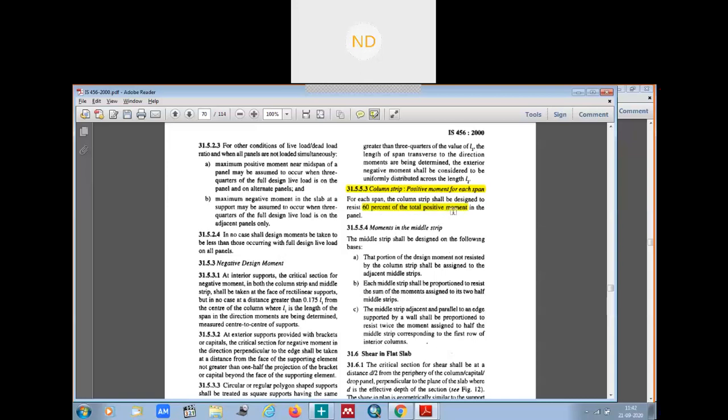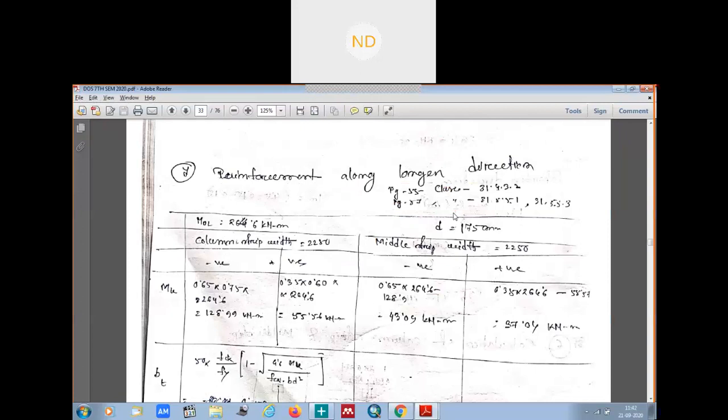When you are designing the reinforcement for a column strip, you should design in such a way that 60% of the total positive moment is resisted. So here we have multiplied it by 0.60.